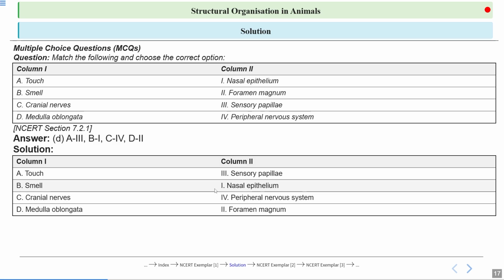So B matches with the first. Cranial nerves are part of the peripheral nervous system. The nerves that originate from the brain are called cranial nerves, and these cranial nerves are actually part of the peripheral nervous system. So C matches with the fourth. And medulla oblongata, second, foramen magnum. So this is the correct matching.